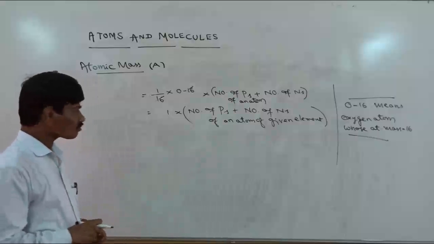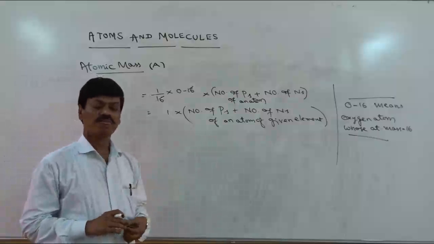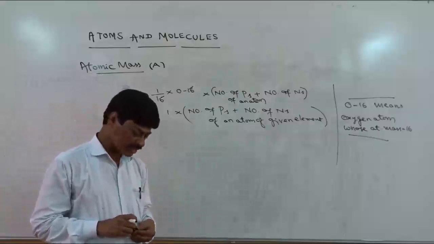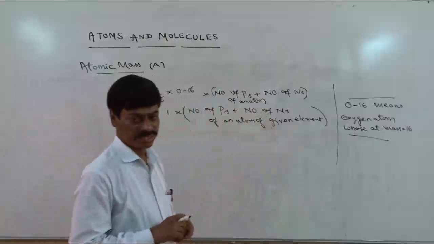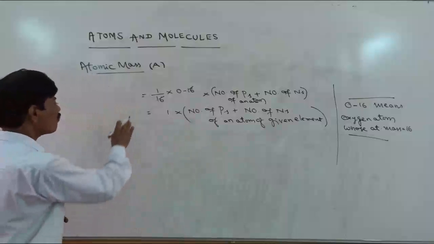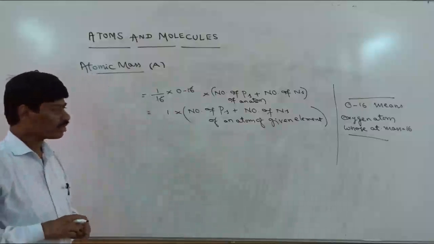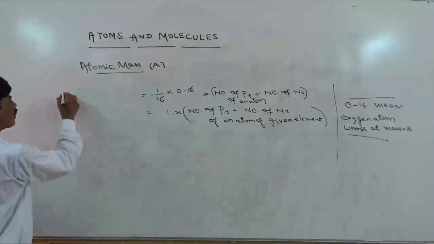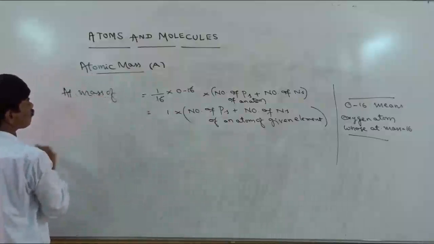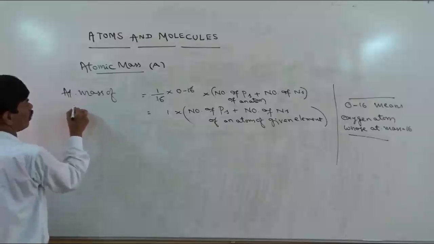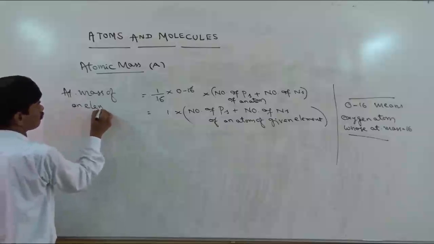Later, in place of oxygen, carbon was taken, and that was universally accepted instead of oxygen. So here you can write the atomic mass for an element.